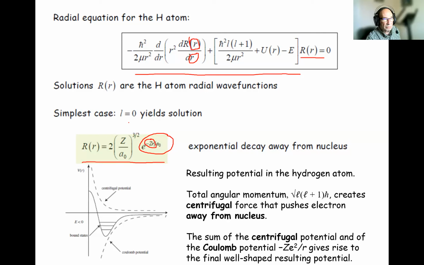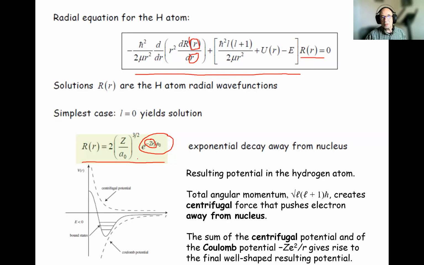There is some coefficient here, and then we have exponential decay of the wave function as a function of distance from the nucleus. This is another very fundamental property which you are going to use all the time. These wave functions of atomic orbitals at long distance from the nucleus are exponentially dying.